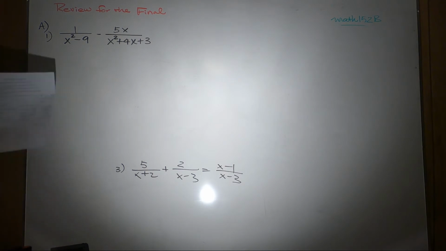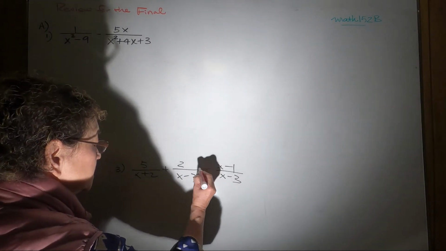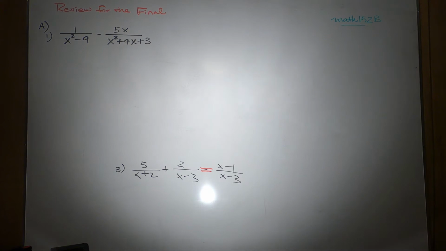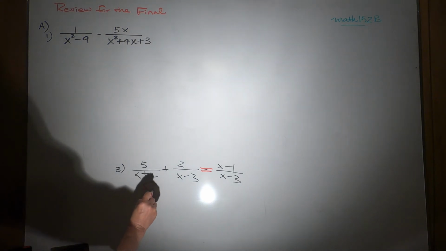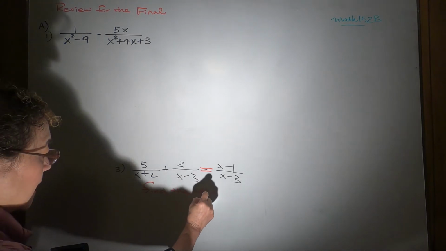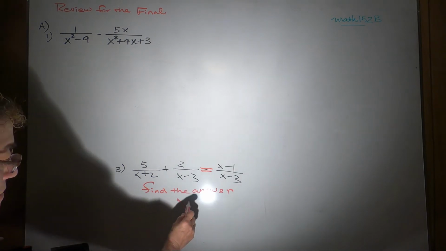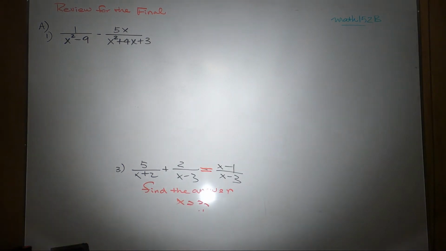What's the difference between those two things we expect you to do? Mainly, you have equations here, right? Equations mean you have to find the answer for x. But here you don't have an equation, then what do we need to do?